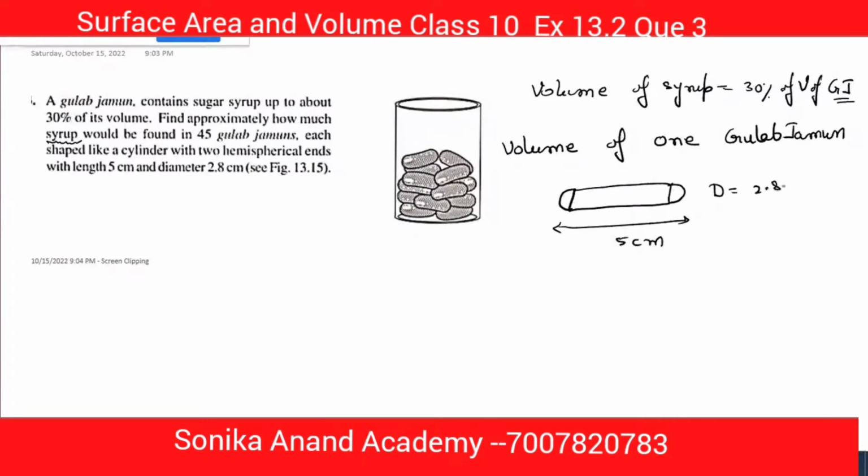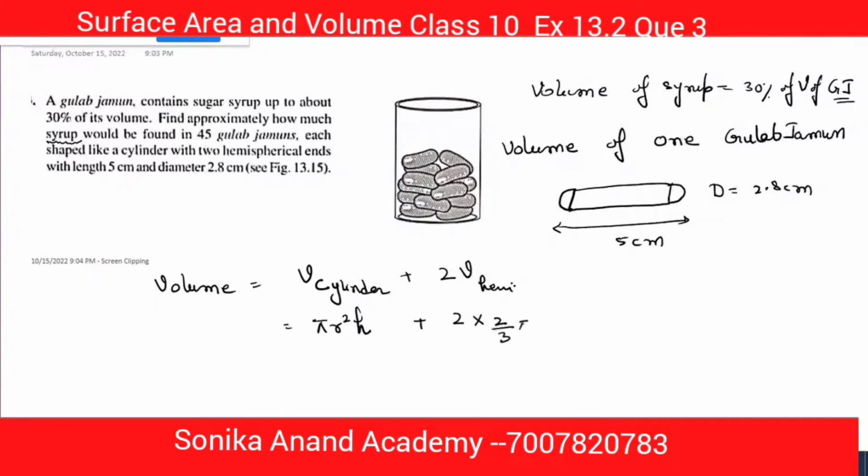So, how will you find the volume? Volume of cylinder plus 2 into volume of hemisphere. Now, the volume of the cylinder is pi r square h. Now, the volume of hemisphere, 2 by 3 pi r cube. Okay, you have a very good memory.